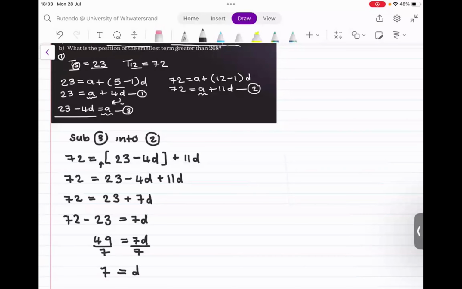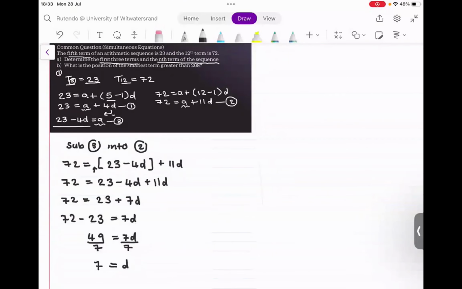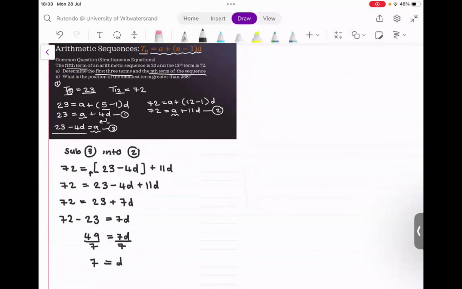So now we have the D of our sequence. We know that our aim is to get Tn is equal to A plus n minus 1 D. So now we have our D, and now we need to find what our A is. We can find A by substituting what we got for D into the other equation that we didn't use.